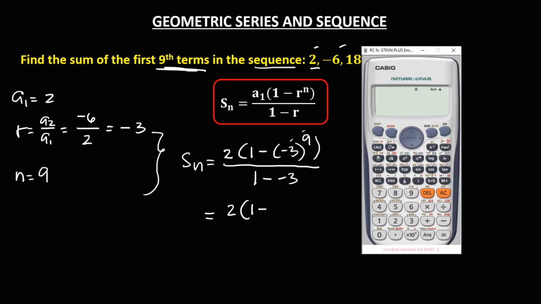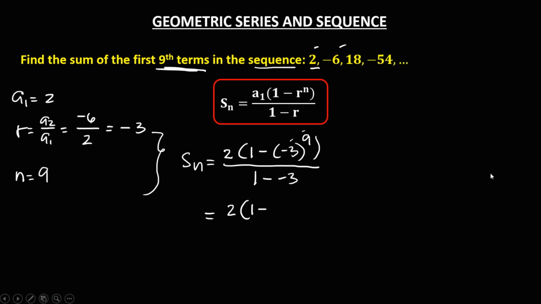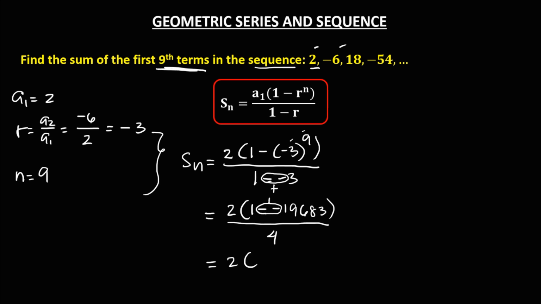Since it's negative, put it inside the parentheses, then to the power 9 equals negative 19,683. Then over the double negative, which is positive, 1 plus 3, that's 4. Then simplify: 2 times, double negative is positive, 1 plus 19,683.